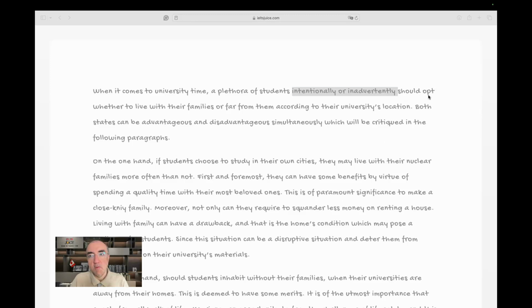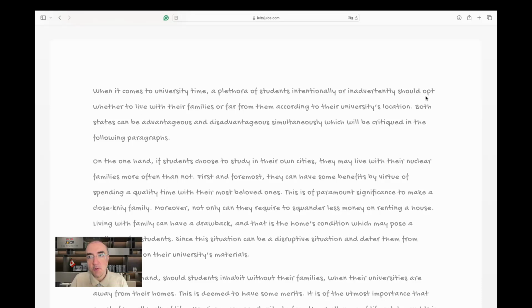Should either, instead of whether, should either opt to live, because with whether we prefer whether and a clause, whether you do something or not. That is the common phrase. And with this, I believe either or either, both pronunciations are fine, can fit our context better.